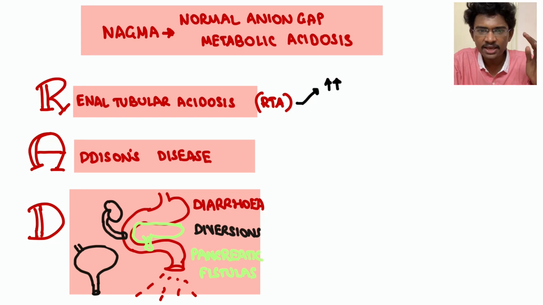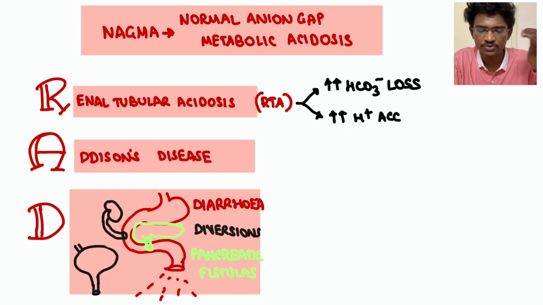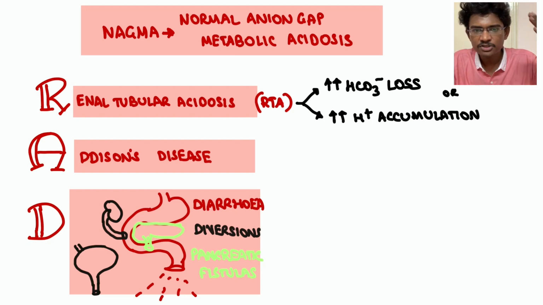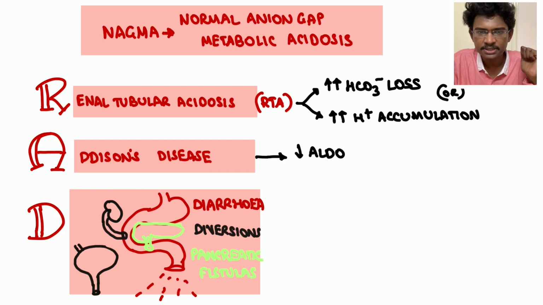So why is NAGMA, or normal anion gap metabolic acidosis, caused in these situations? First, in RTA, renal tubular acidosis, in one type bicarbonate is lost excessively in urine, and in another type protons can't be secreted into urine, so protons accumulate in the body. In Addison's disease, the aldosterone levels will be very low.